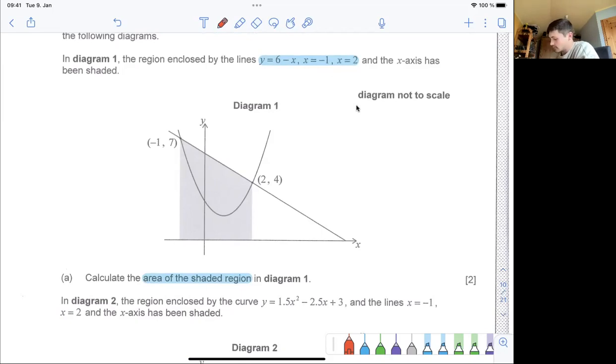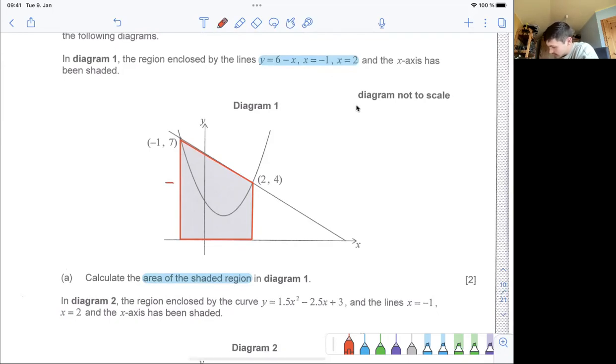Alternatively, what we could do is just identify the shape that is made by the shaded region, which is a trapezoid or trapezium. Either name is fine, they mean the same thing. On this longer side, we go from the x-axis, when y is equal to 0, all the way to when y is equal to 7.